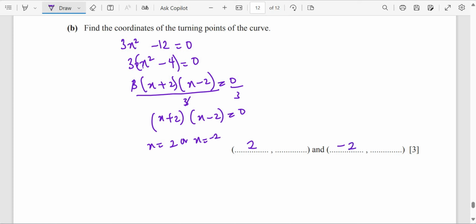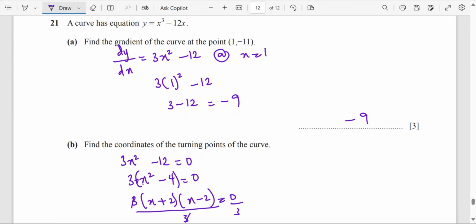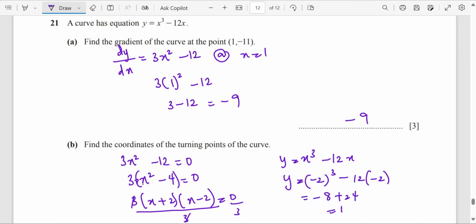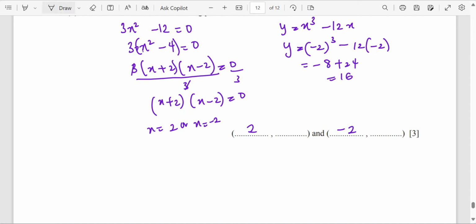Now I have the answers for my x, I need to find y. Remember our equation is y equals x cubed minus 12x. So y equals minus 2 raised to the power of 3 minus 12 times minus 2. Minus 2 raised to the power of 3 gives us minus 8 plus 24, and that gives us 16. So when x is minus 2, y is 16.